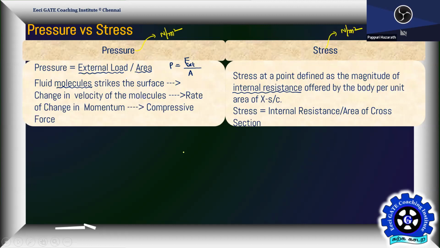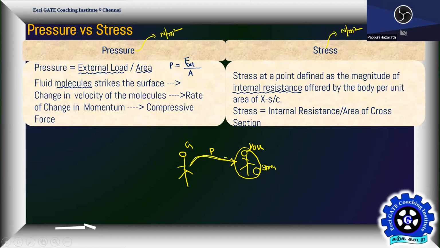If I pressure you, and one guy here is your guide, if your guide pressures you, you will feel stress.